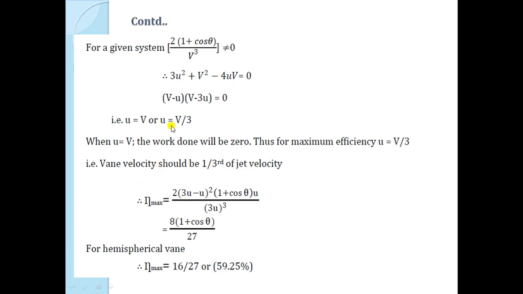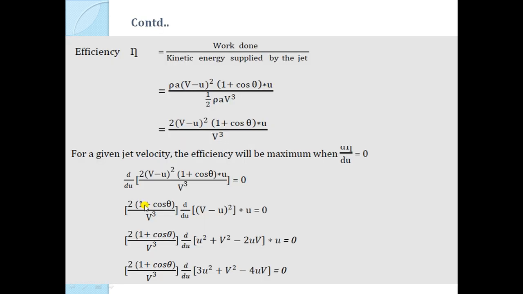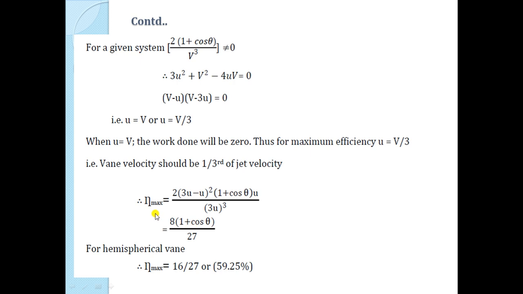So, if we substitute this condition u equal to v by 3 in the previous equation of efficiency, we will get the maximum efficiency. Substituting the value of u, which is v by 3, or v is equal to 3u, eta max is 8 into (1 plus cos theta) divided by 27.